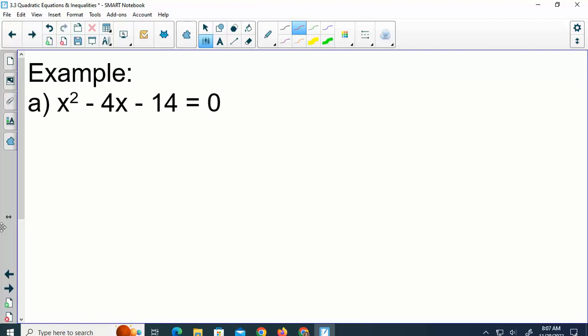Is there anything that multiplies to negative 14 and adds to negative 4? No, so we can't do that option. Okay, step 1 of completing the square says we need this to be a 1x squared. Do we have it? Yeah, so we get to skip step 1 and go to step 2. We need to move the constant to the other side. So this becomes x squared minus 4x equals 14.